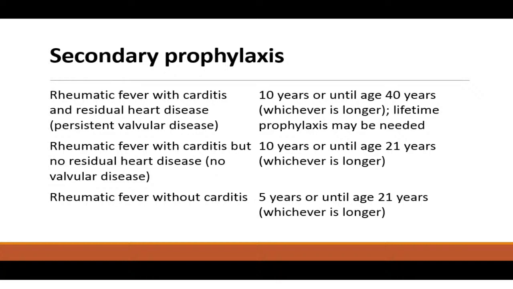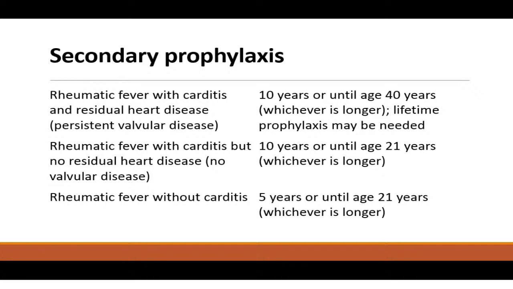If a patient has rheumatic fever with carditis but no signs of residual heart disease, no valvular disease, so no echocardiography changes of valves, we make secondary prophylaxis for 10 years or until age of 21 years for children and adolescents.